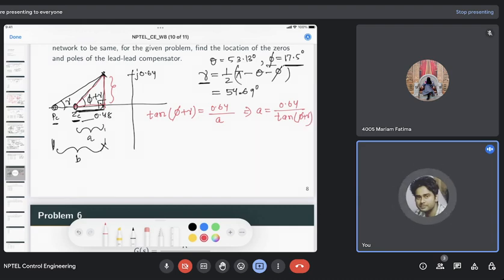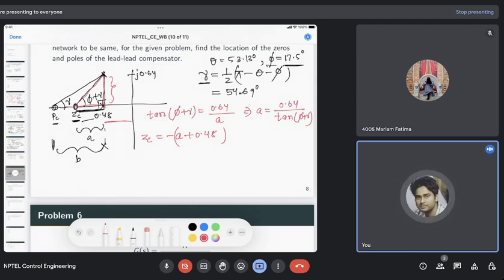The location of the zero will then be A plus 0.48, but it's located to the left of the origin, so it has a negative sign.